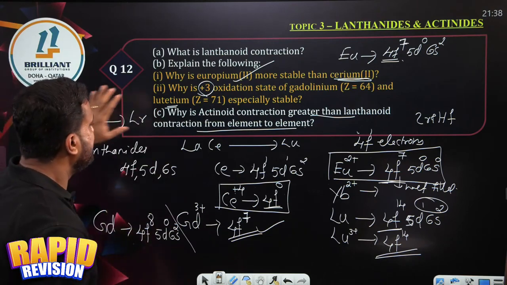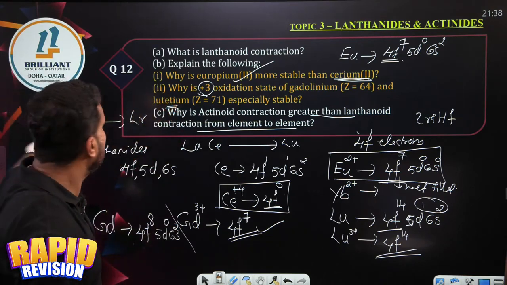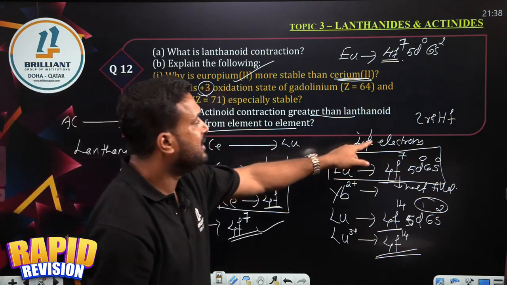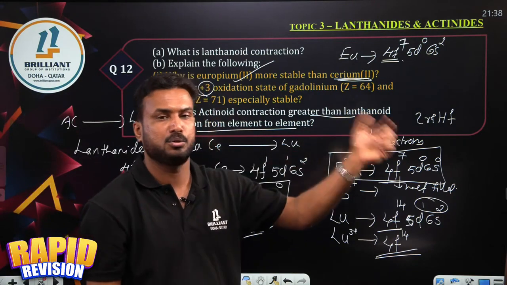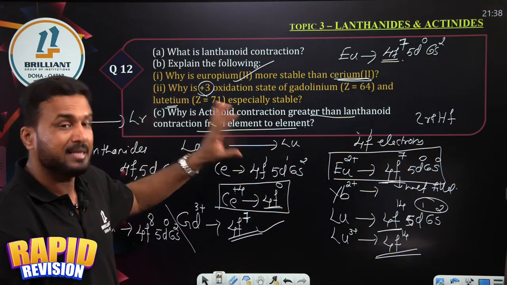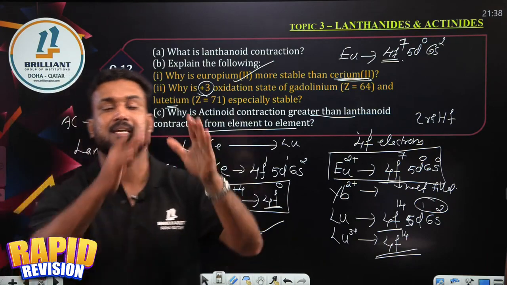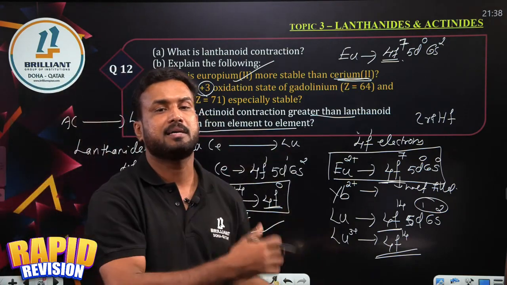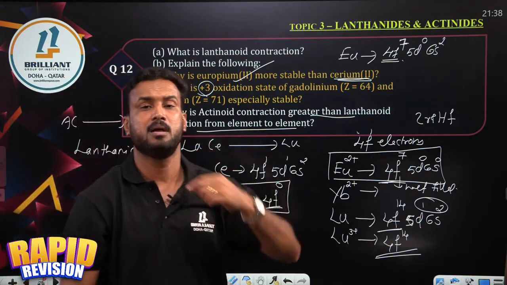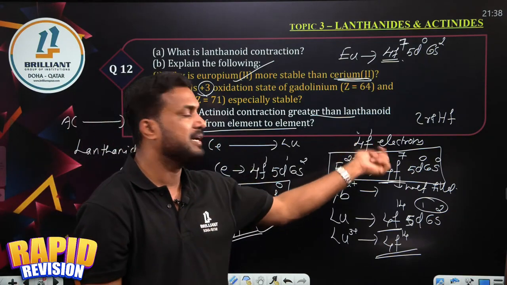So from actinium to lawrencium, there is a gradual decrease in atomic size due to what? Poor shielding effect of 5f electrons. Instead of 4f, you have to say 5f, because 4f is for lanthanide. That is called actinoid contraction.